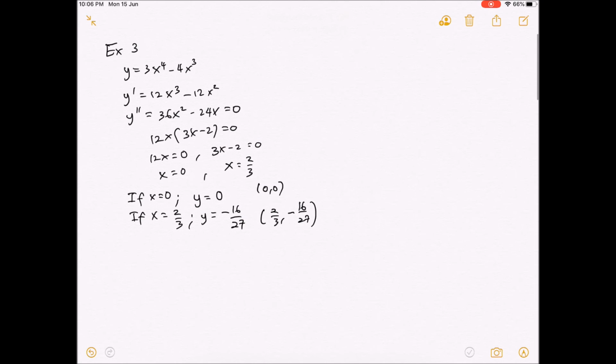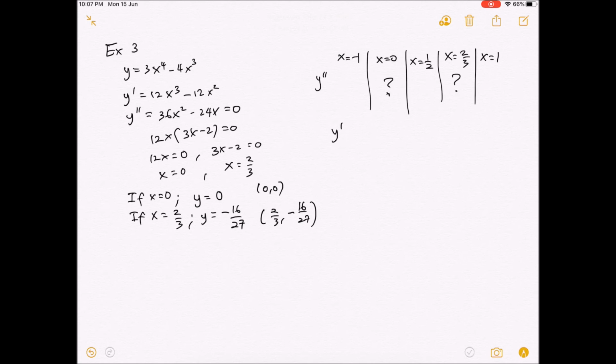Okay, so x equals to 0 here, x equals to 2 over 3 here, and then y double prime here. Let me choose x equals to negative 1, in between x equals to 1 over 2, and then another one, x equals to 1.